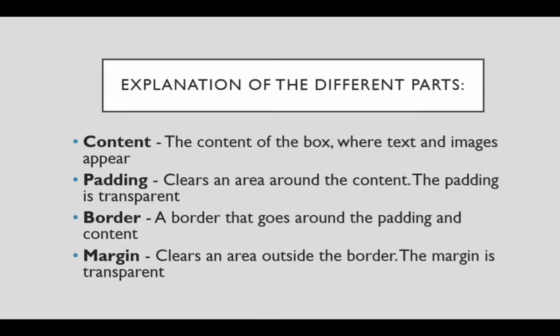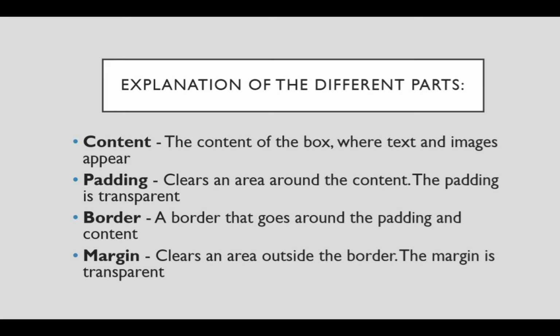So, an explanation of the different parts: content, padding, border, margin. Content is the content of the box, where text and images appear. Padding clears an area around the content. The padding is transparent. Border goes around the padding and content.